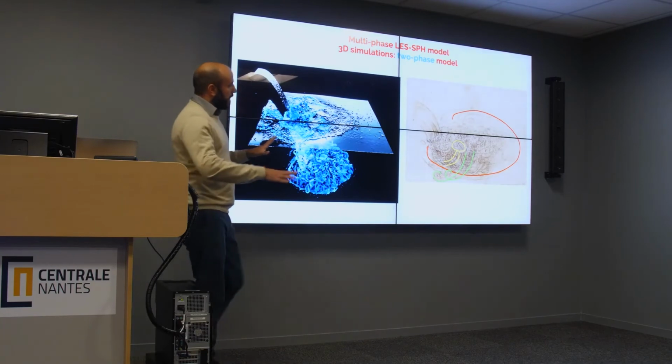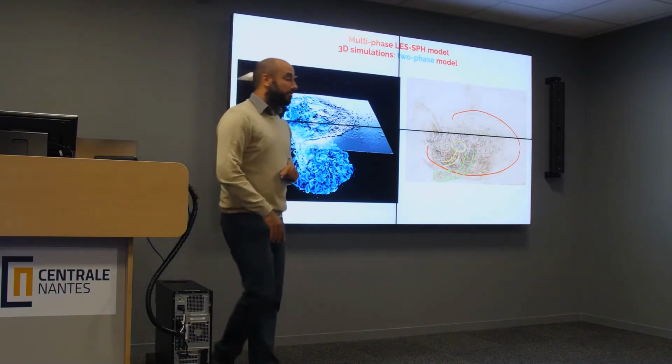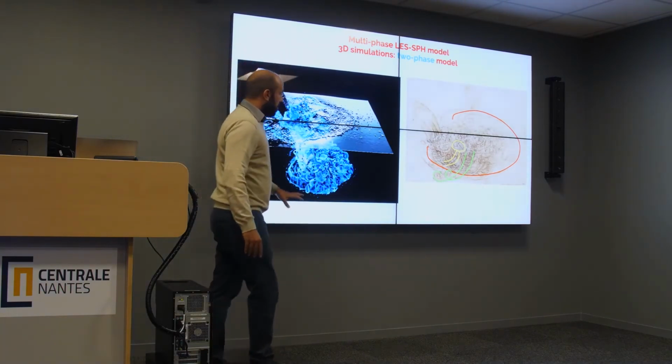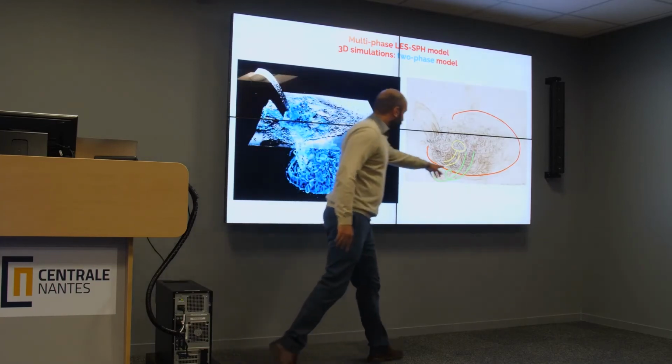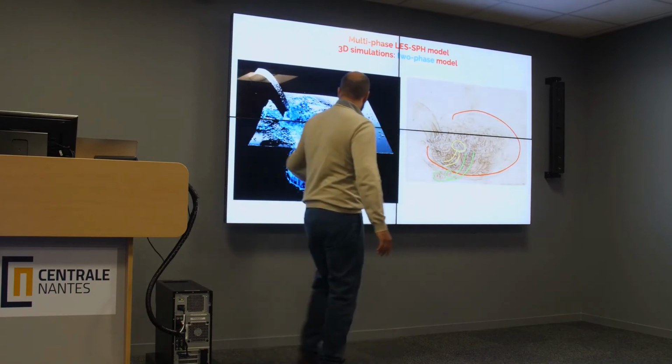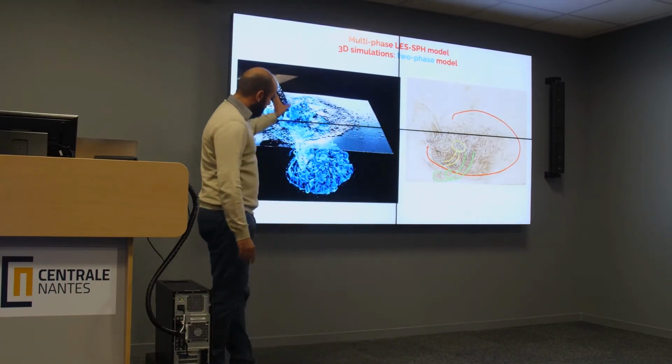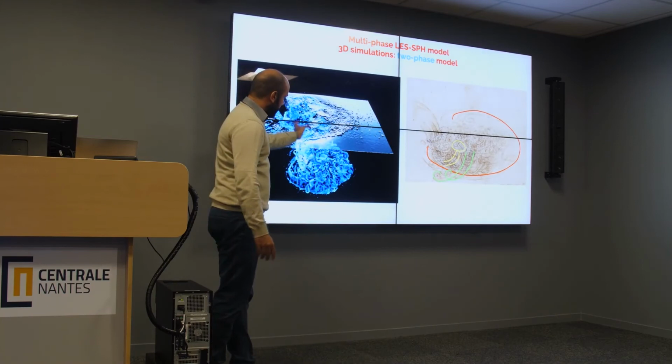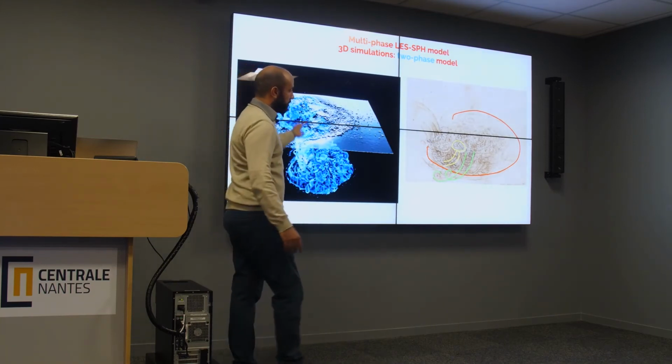So if we look at the final picture, we are able to capture the vortex detachment from the jet, given by these vortex structures that are elongating from the central jet.